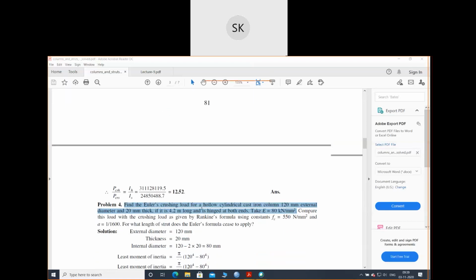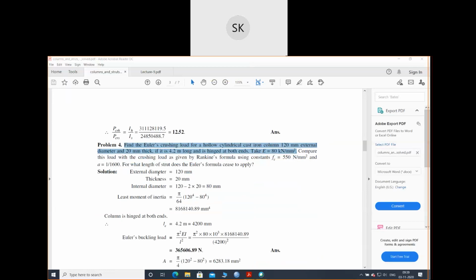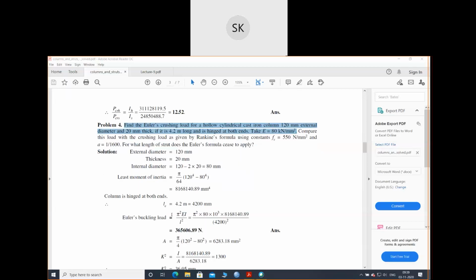Okay, I'm sharing the answer. So external diameter is given, thickness is also given. You can find the internal diameter, D minus 2t. Same way you can find the I value and place the values. As the column is hinged at both ends, the effective length will be the same L. Place the values in the I, you will get this answer.